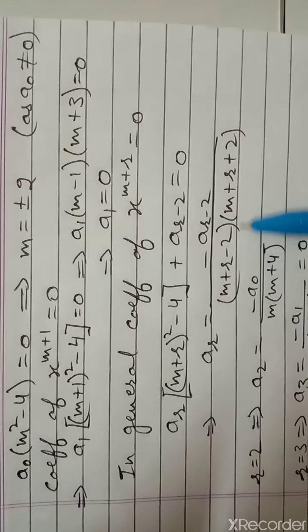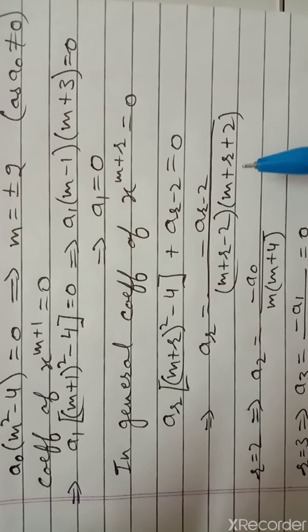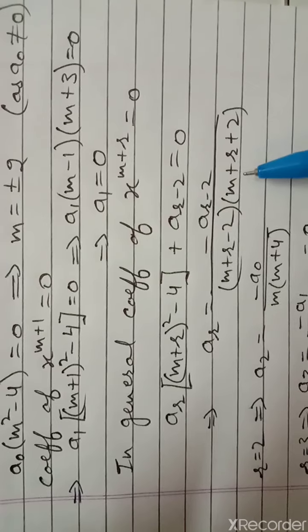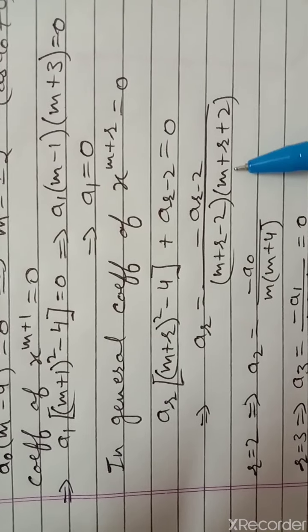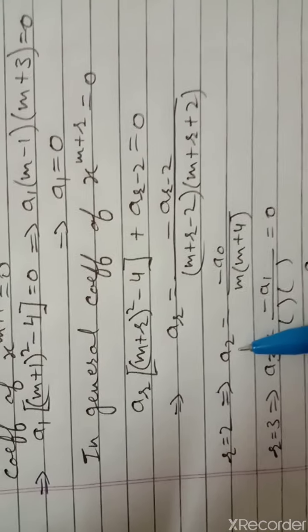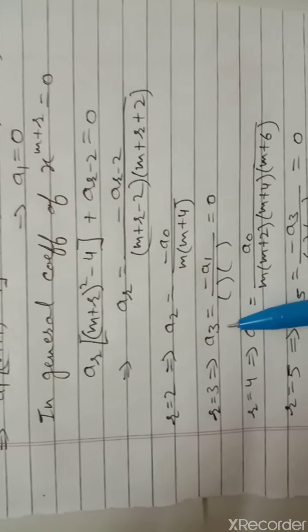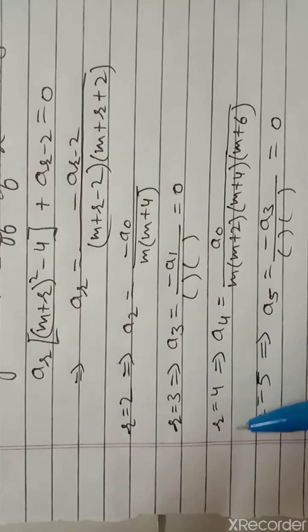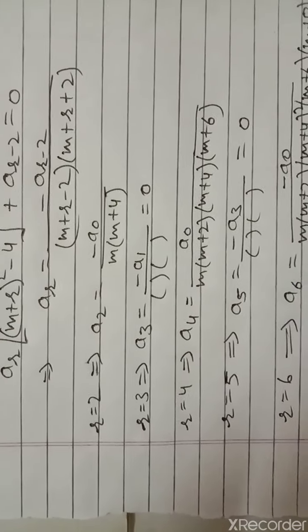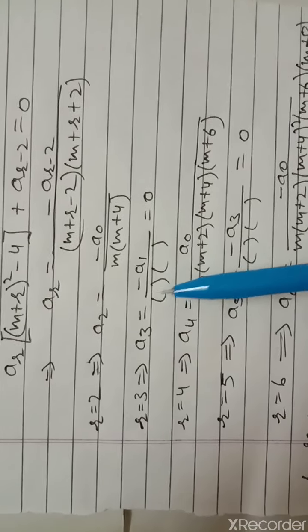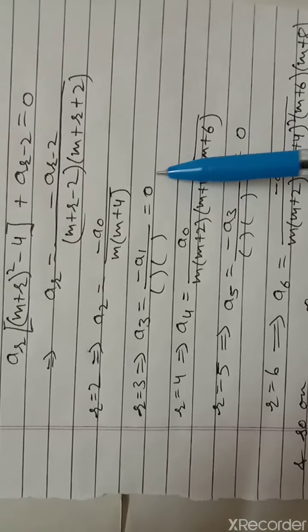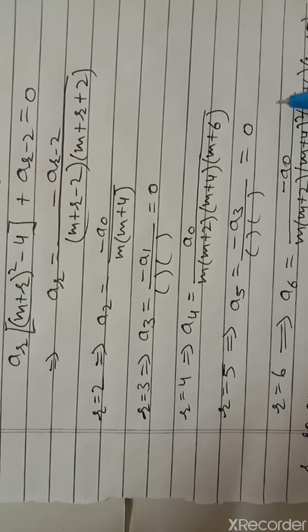This is the recurrence relation, and it gives us the values of a2 after substituting r equal to 2, a3 when r is 3, then a4, a5, a6. Now a3 and a5 are 0 as a1 is 0.